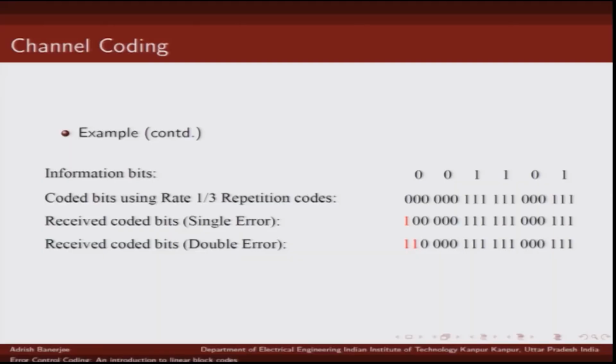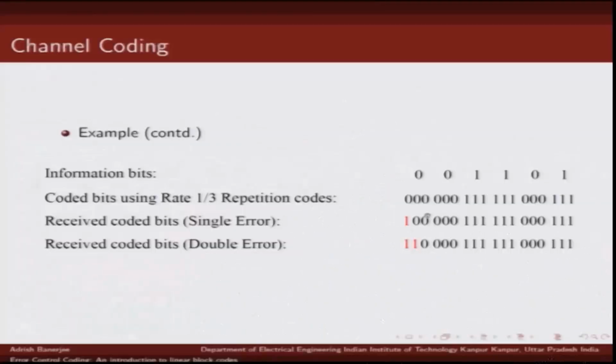What are the possible outcomes? This could be either 0 0 0 or 1 1 1, and it is more likely that 1 bit got flipped. It is more likely that a 0 got flipped to 1 rather than 2 ones getting flipped to 0.